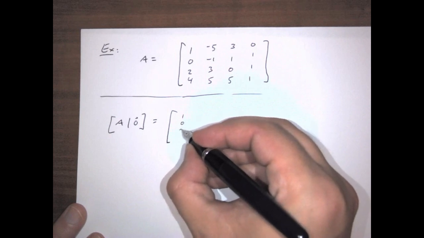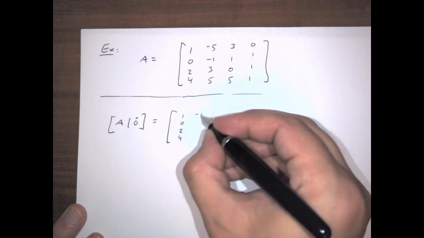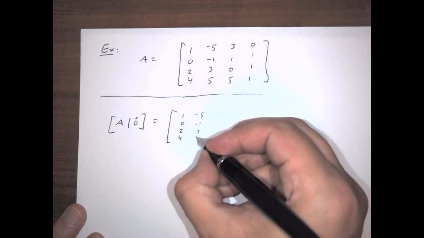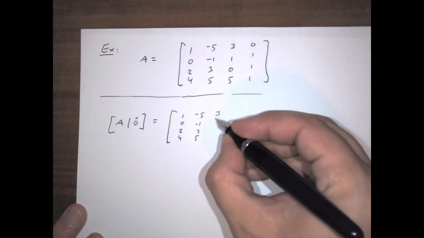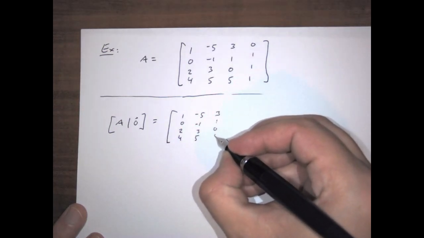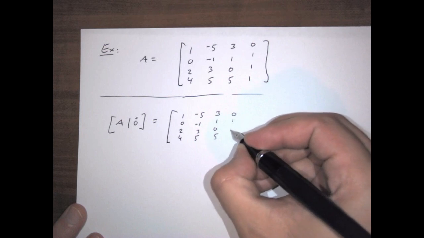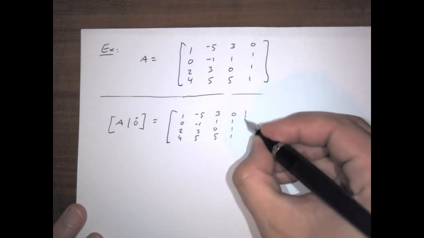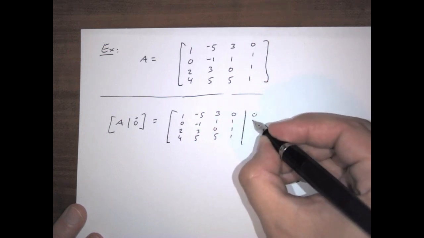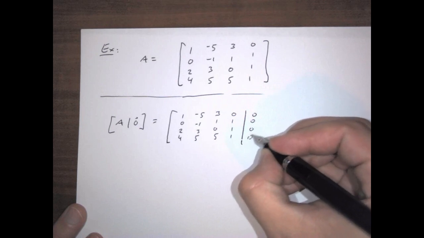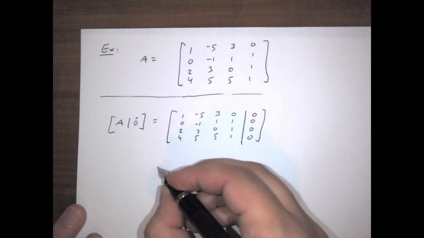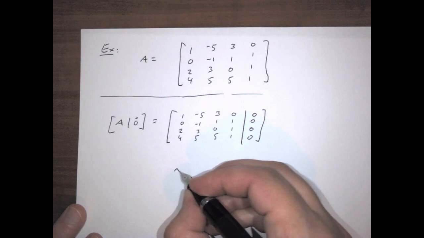So that's 1, 0, 2, 4, negative 5, negative 1, 3, 5, 3, 1, 0, 5, and 0, 1, 1, 1, augmented by 0, 0, 0, and 0. Then we would row reduce this.